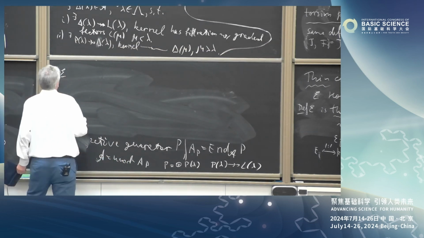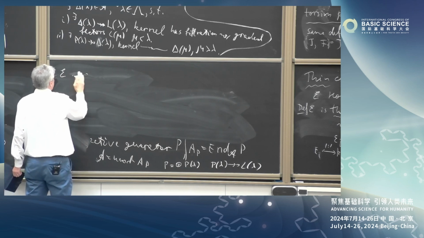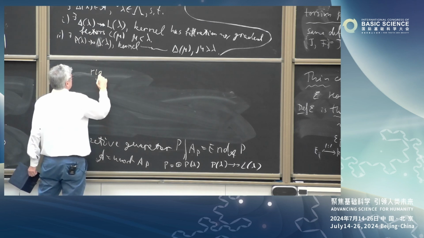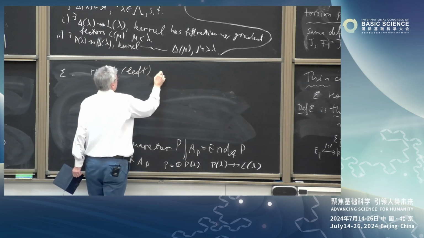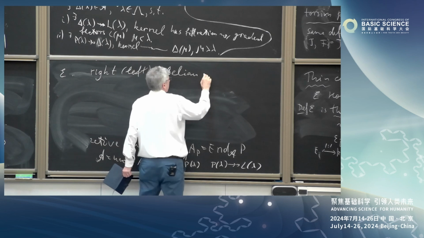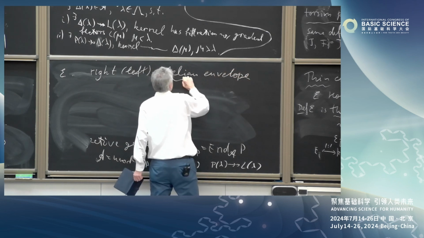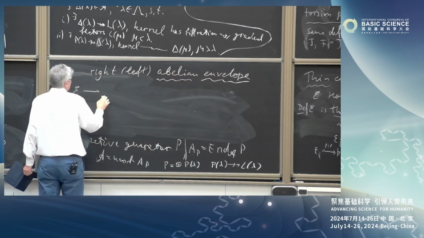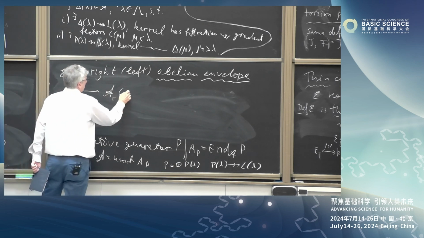So E is an exact category. So it's left, right, left abelian envelope, sorry, is a universal abelian category.